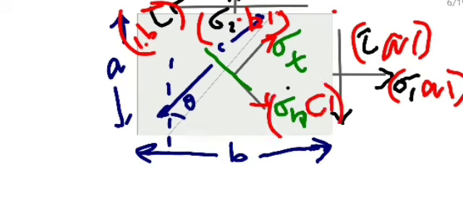Sigma t times C times 1. So we have all those stresses as well as the forces. Now we can just equate forces along this perpendicular direction and parallel direction to the inclined plane.